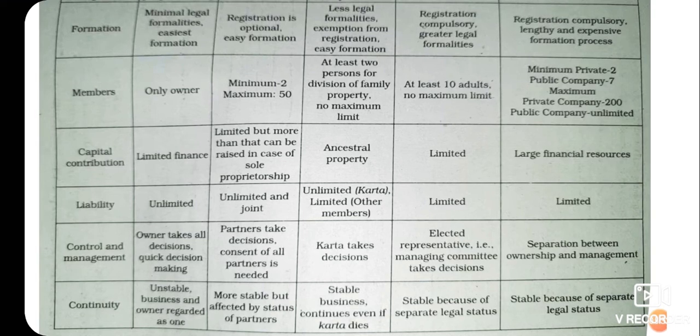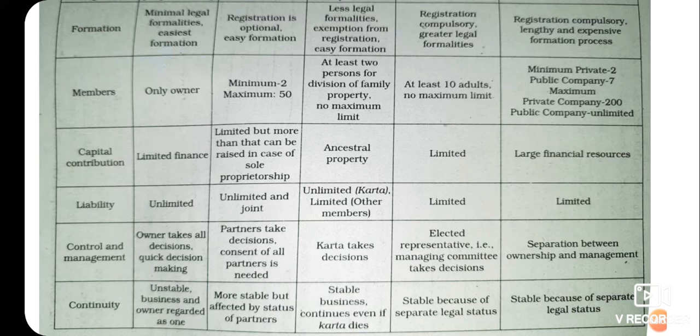And the last one, continuity. Sole proprietorship, unstable, business and owner regarded as one. If the sole proprietor is no more, the business will not exist. Coming to the partnership, more stable but affected by the status of partners. If one of the partners has some problem, is insane, or is bankrupt, then the partnership comes to an end.